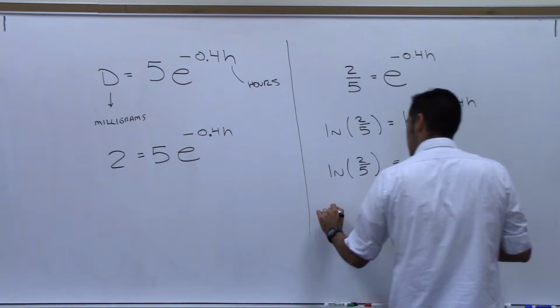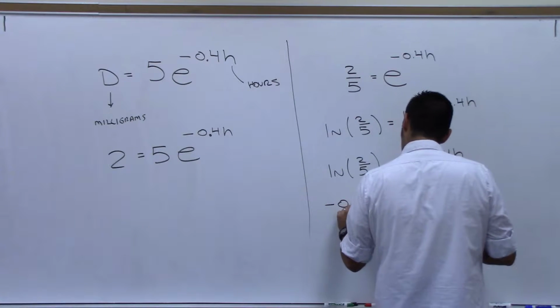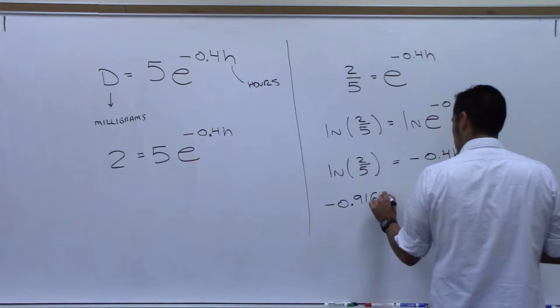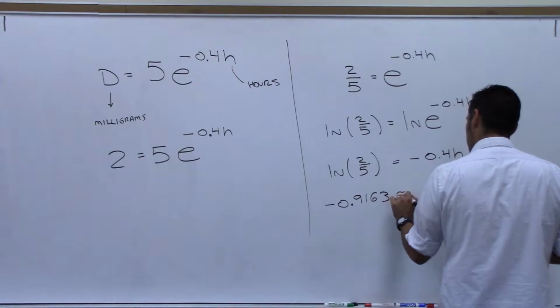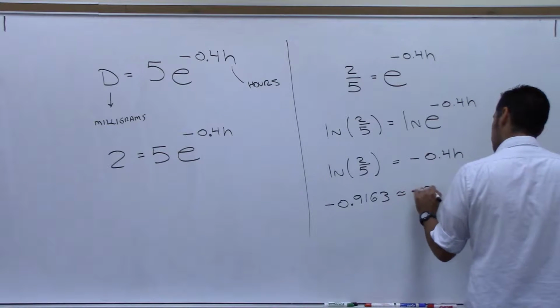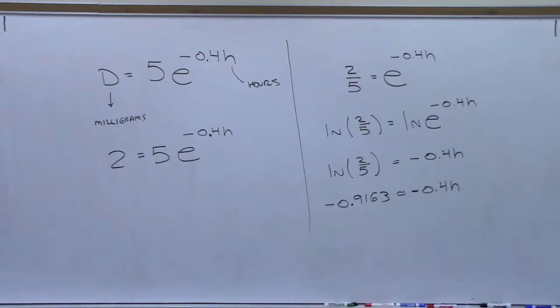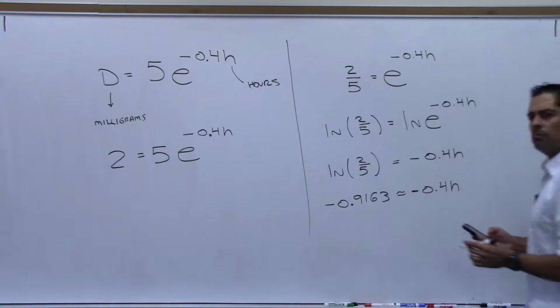I get negative 0.91632, whatever, which equals negative 0.4h. And then divide both sides by negative 0.4. You get about 2.29.